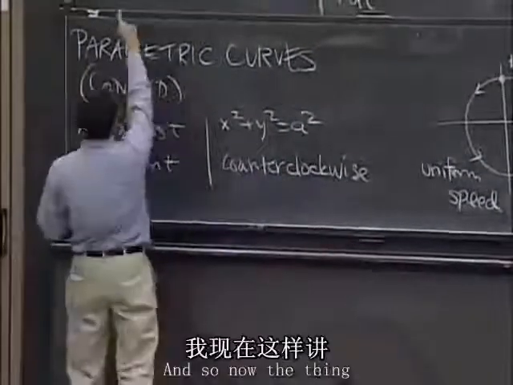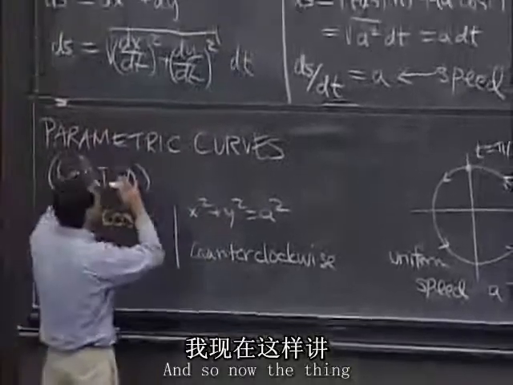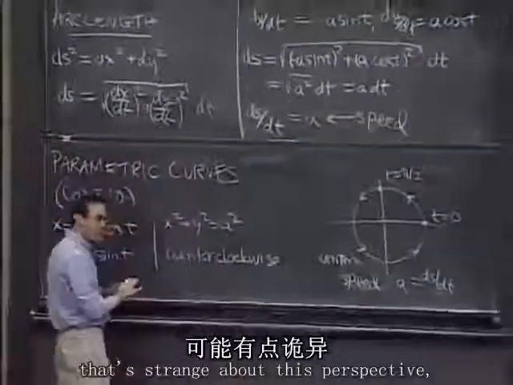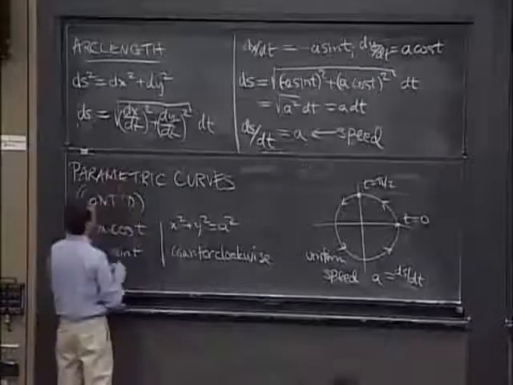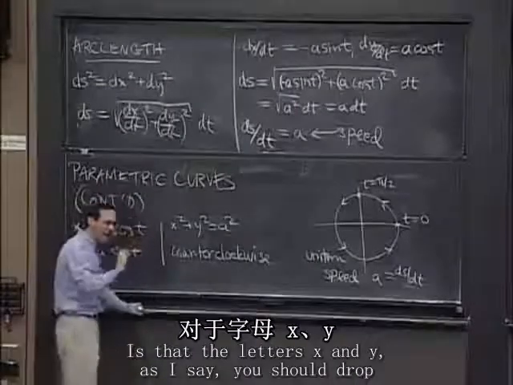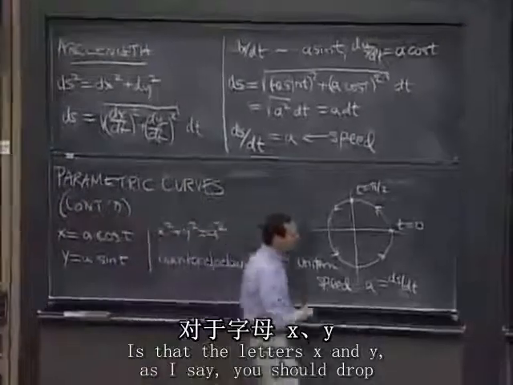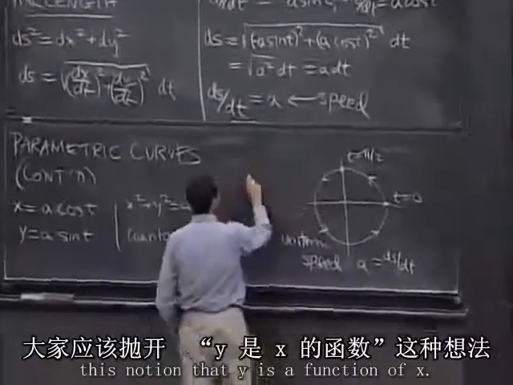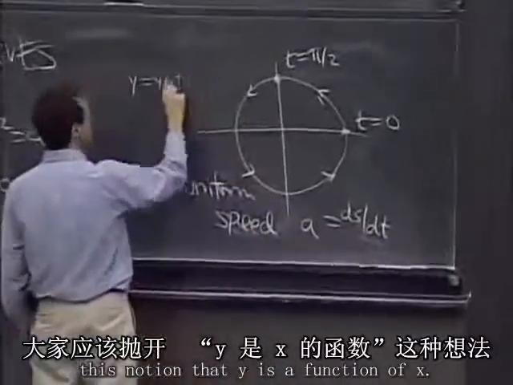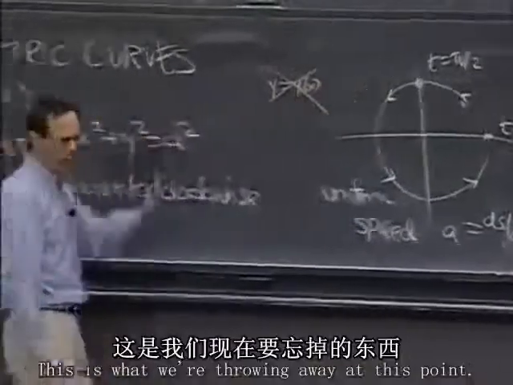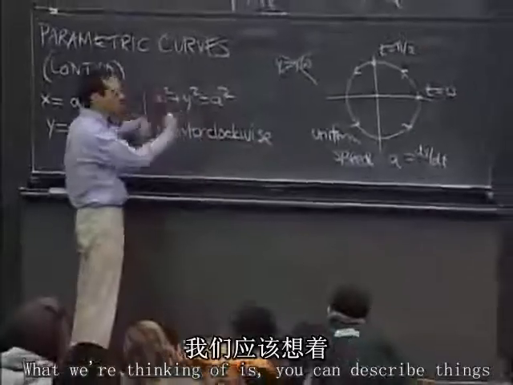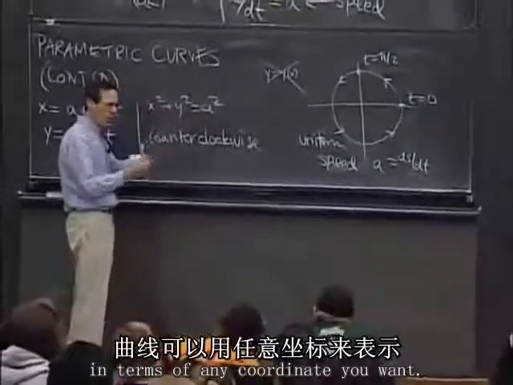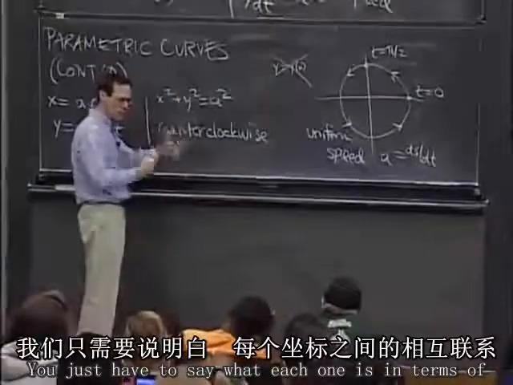Now the thing that's strange about this perspective, and I'm going to make this point later in the lecture as well, is that you should drop this notion that y is a function of x. This is what we're throwing away at this point. What we're thinking of is you can describe things in terms of any coordinate you want. You just have to say what each one is in terms of the others.